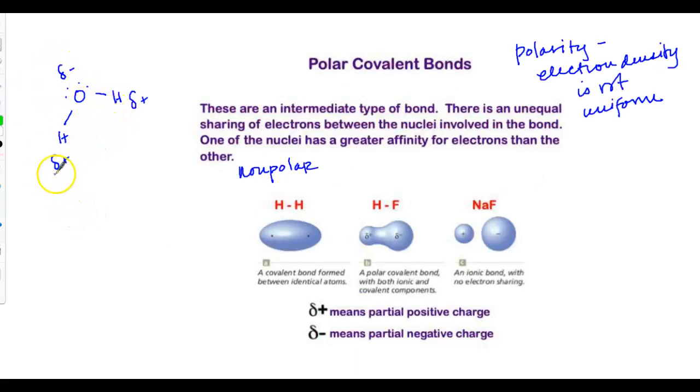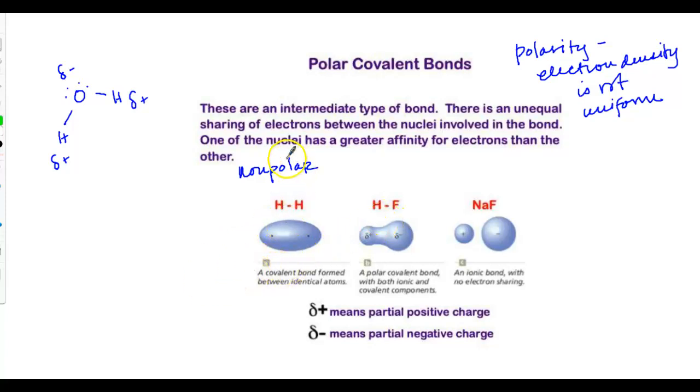That's what this lowercase Greek delta means. And delta plus means that side of the water molecule is partially positive. So kind of like a magnet, they have two poles, right? That's where polarity is coming from. Overall, again, the molecule is neutral.